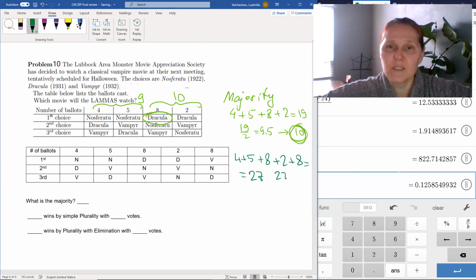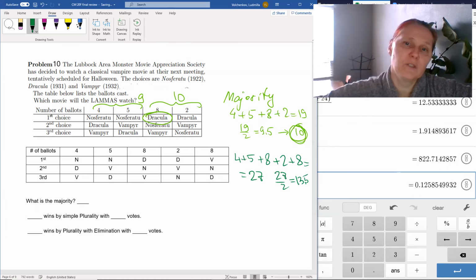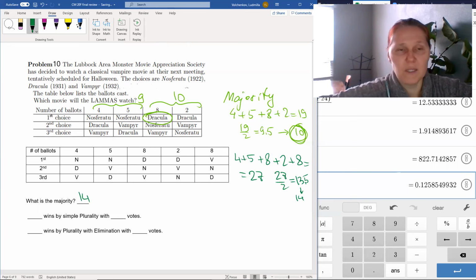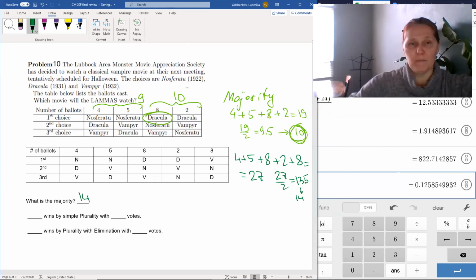We divide 27 by 2. It is 13.5. So the majority is the integer greater than 13.5, which is 14. So we will eliminate candidates until one of the candidates gets the majority.